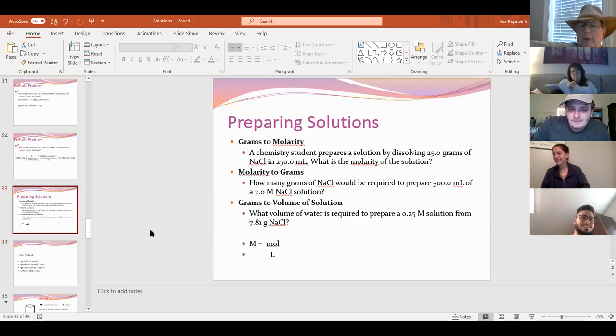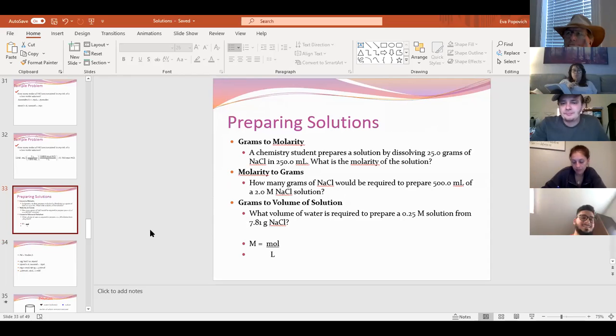We have another problem. How many grams of sodium chloride would be required to prepare 500 milliliters of a 2 molar solution?